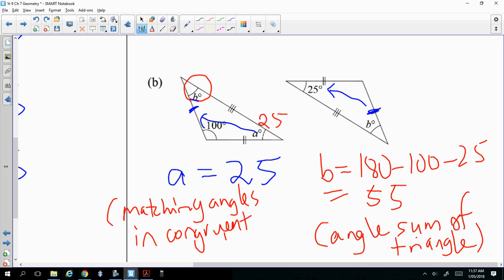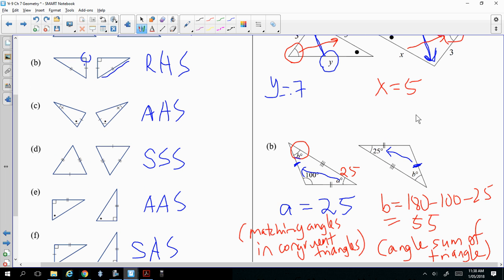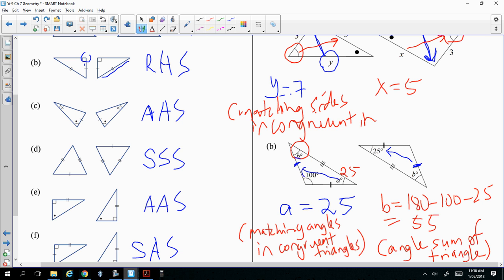All right, any question? So it's pretty easy. And same thing for sides. You say matching sides in congruent triangles. All right. A bit hard to write. Let me just fix that. Congruent triangle.